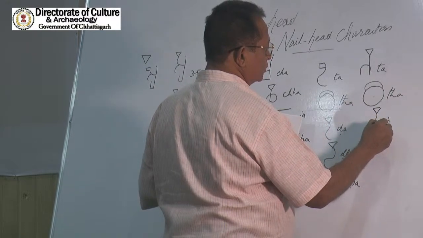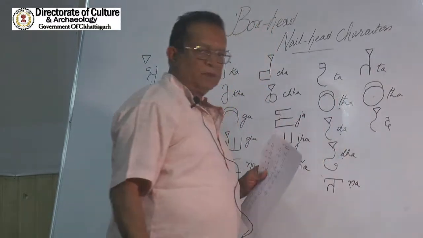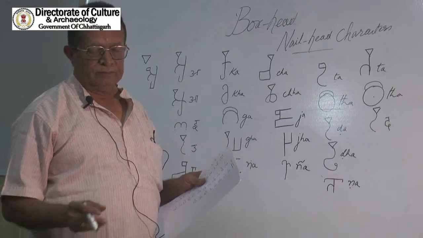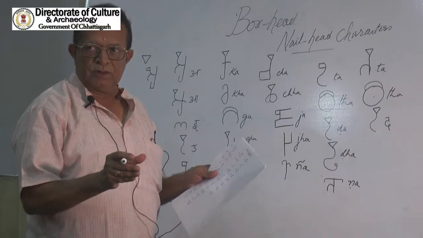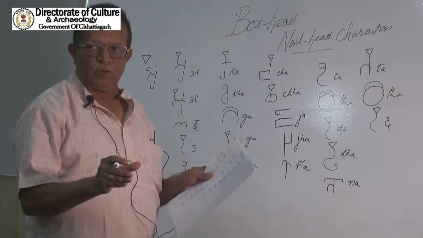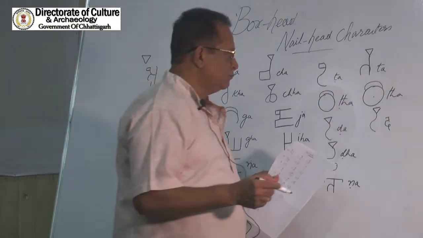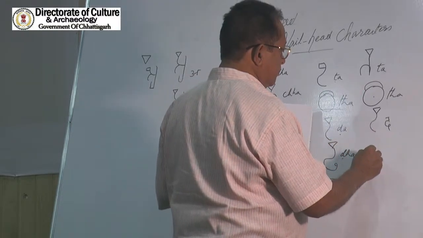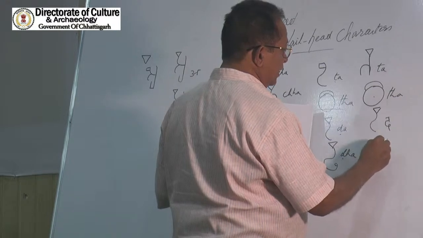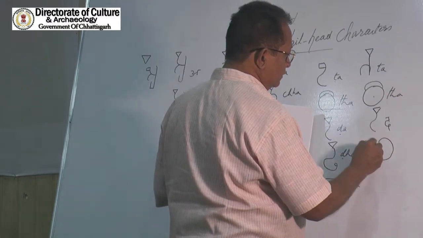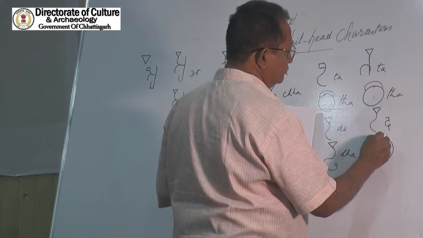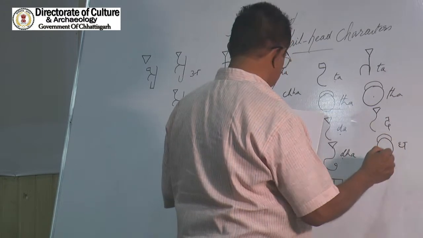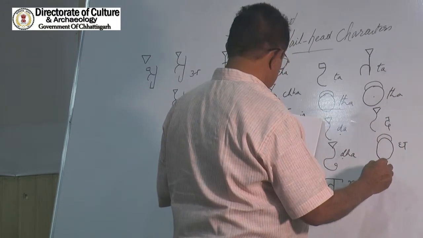But most of the time, as I told, as per the context, you have to decipher. There are many clues. They are very close to one another when we compare. Dha again, it is not this one, a little elliptical shape, not round, and again having a head mark. La is the same.